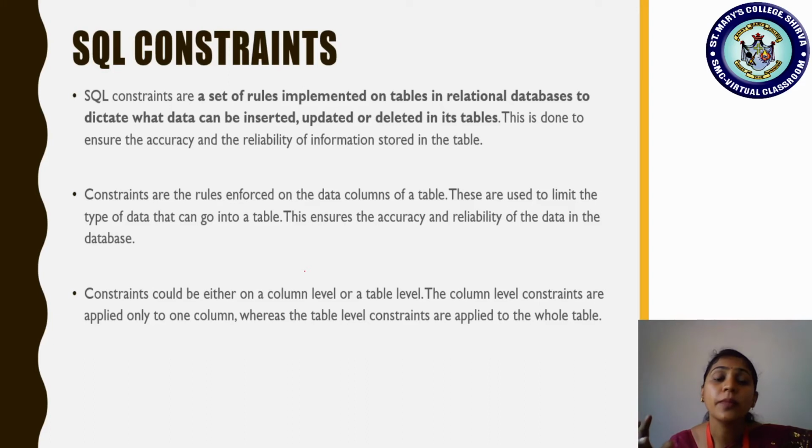On a particular column, employee ID is a column, you are attaching rules and limiting the type of data. For example, for employee ID you should enter the number type only, you can't give alphabetical information for an ID. Those are the limitations you are attaching to a particular column.